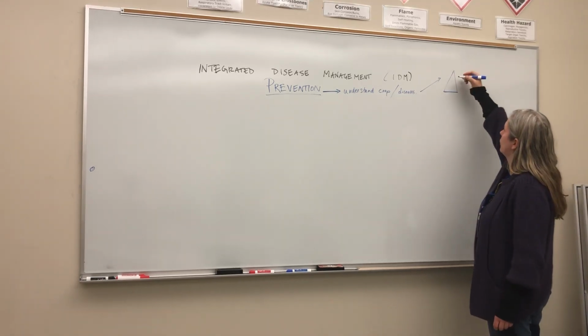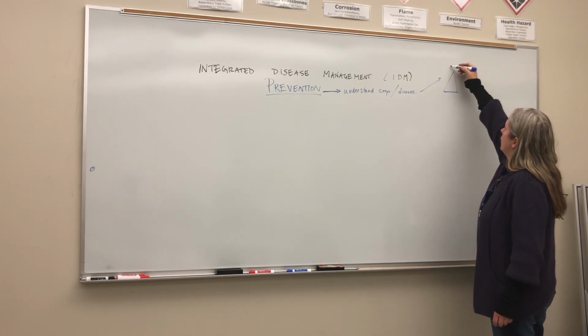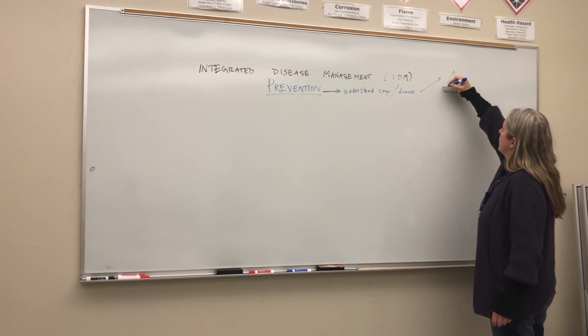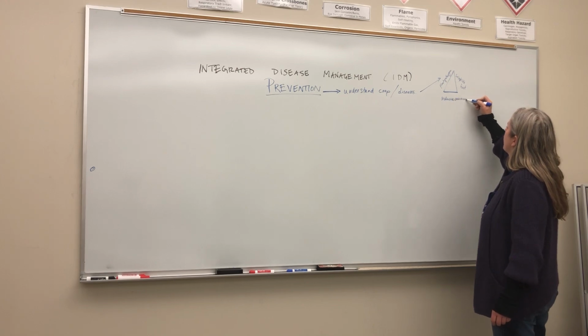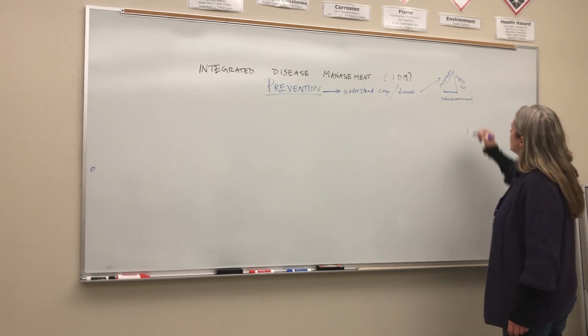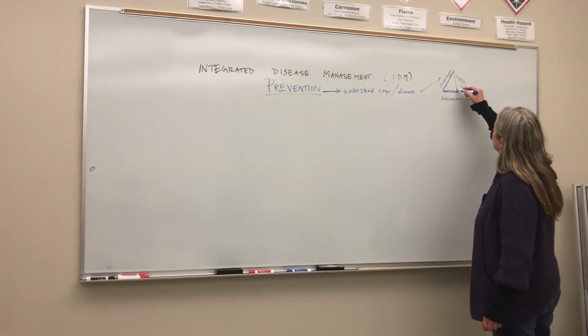In the disease triangle, we have our plant pathogen, we have our susceptible host, and we have the conducive environment. We have to have all three of these in order to have the disease, right?